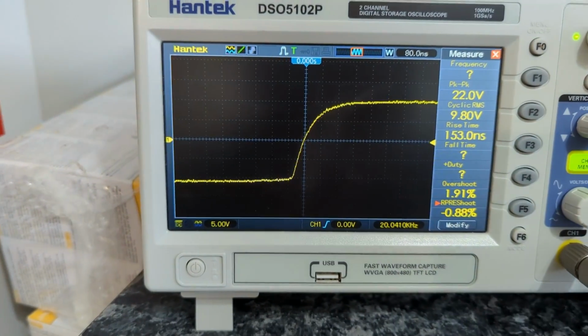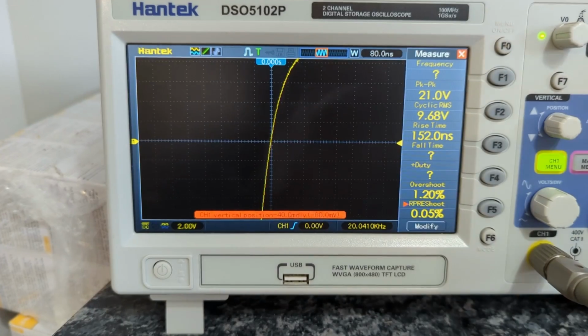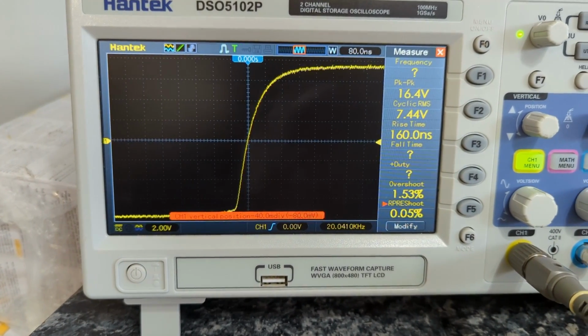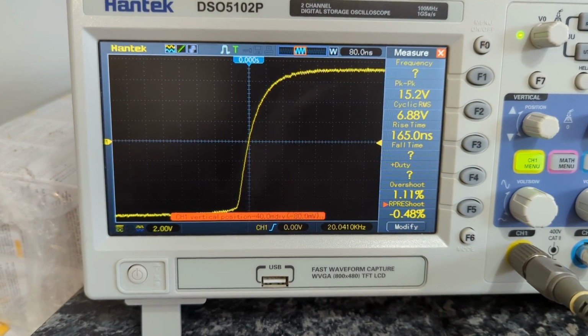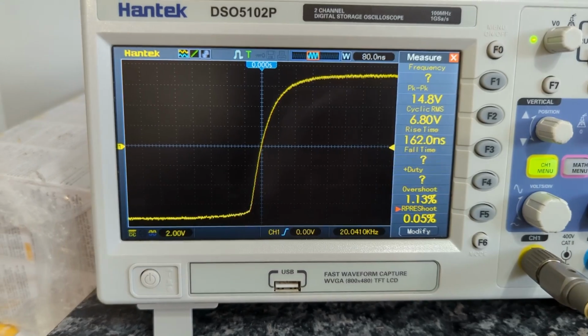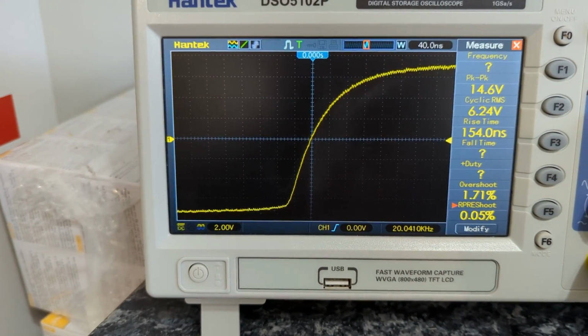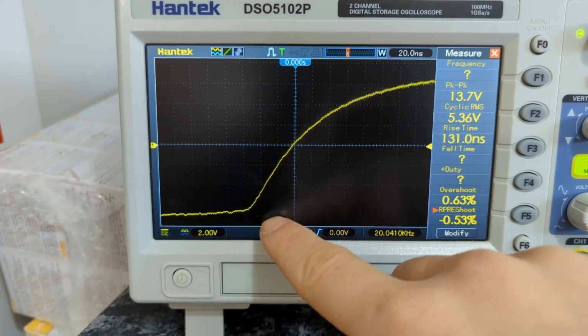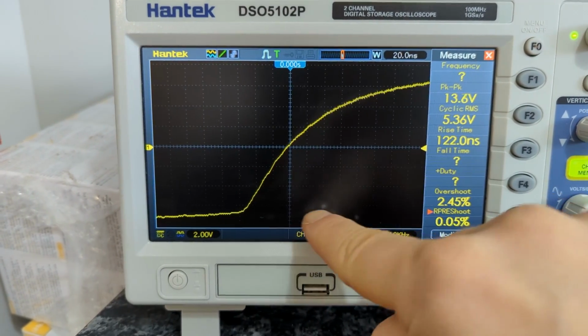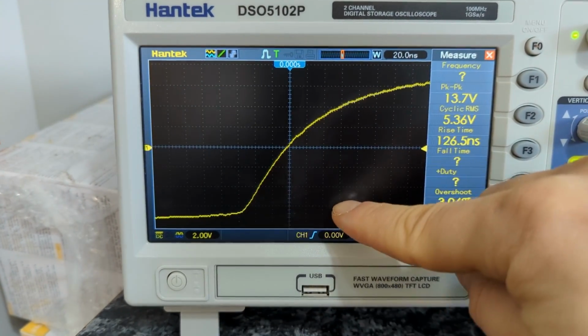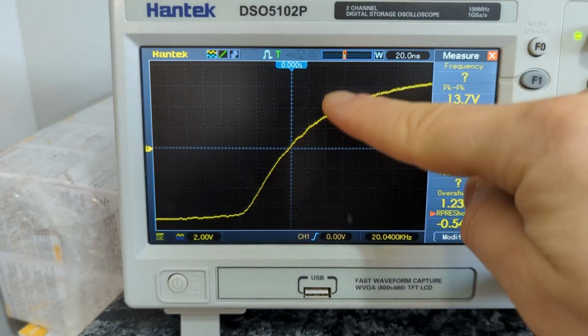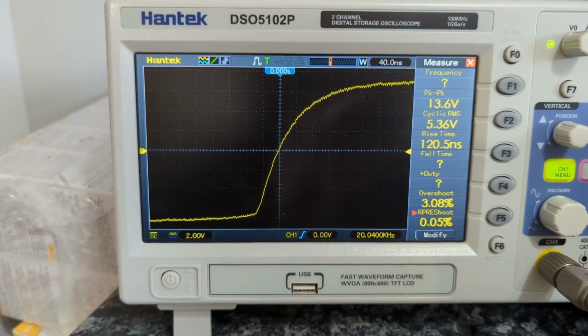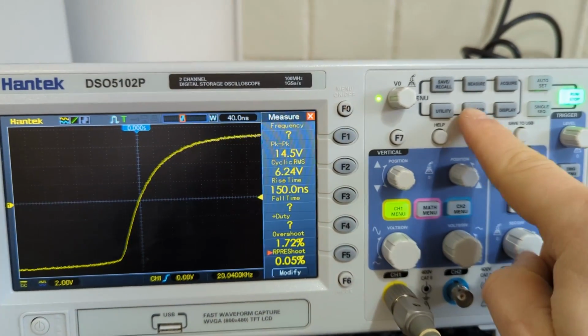So the slew rate is, I'm trying to fit as much as I can into one, there we go. So if I zoom in a lot, the slew rate is the difference between the time it takes for the wave to rise. So a scope has some measuring tools, which are these cursors.